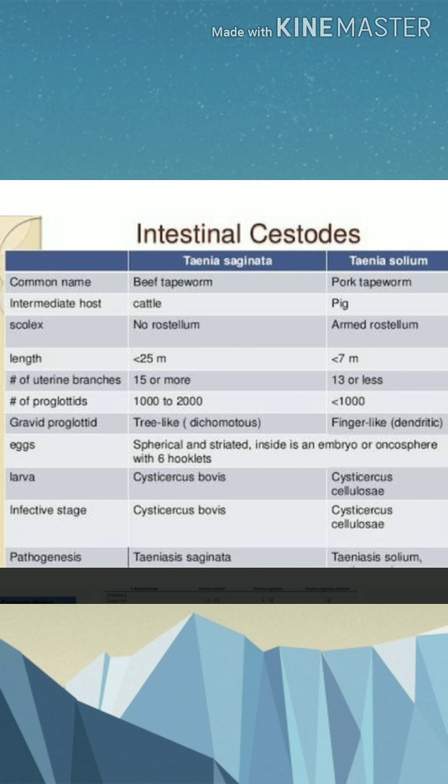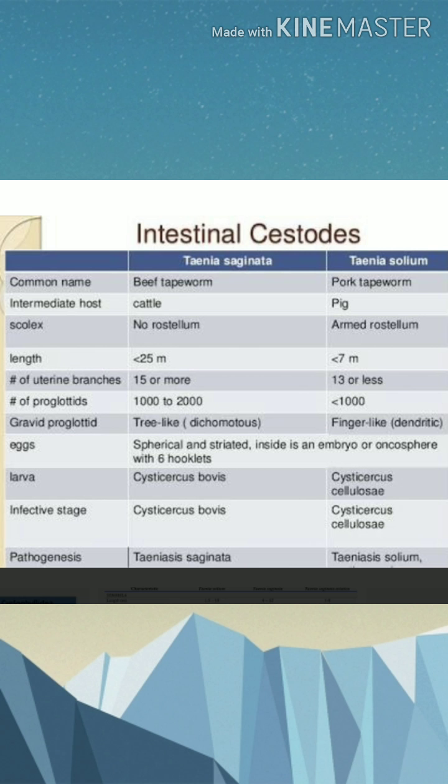Then if we consider the proglottids of Taenia saginata, it has more than 15 uterine branches in its gravid proglottids. In the case of Taenia solium, it is less than 13 uterine branches, and this is an identifying point.